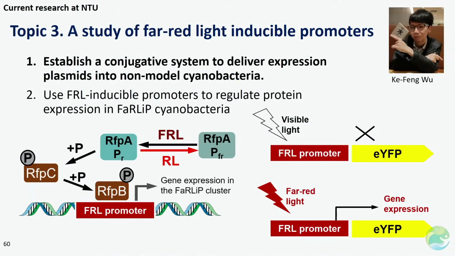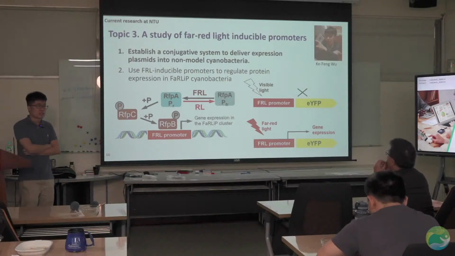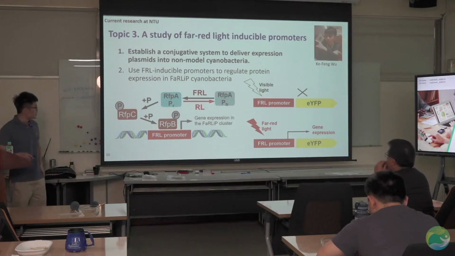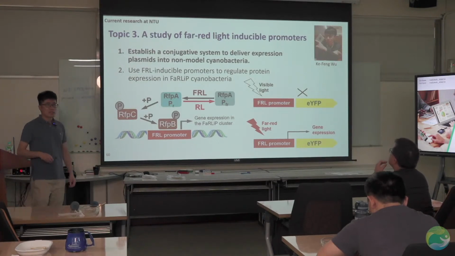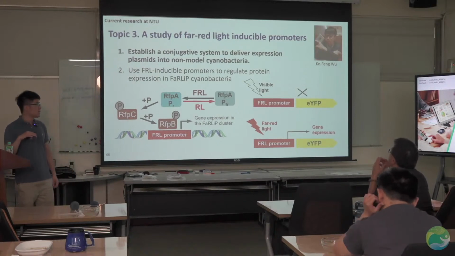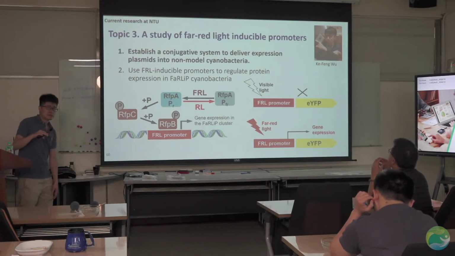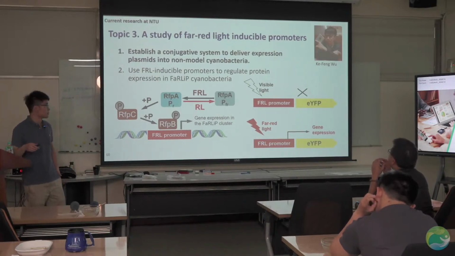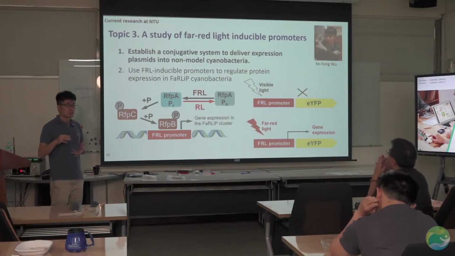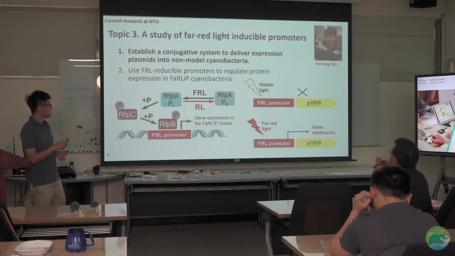The other interesting topic, as I mentioned about the RNA sequencing data of far red light, is that the genes in the far gene cluster got highly induced under far red light, and the difference can be up to 10,000 fold. So it's quite a huge difference and tight control.